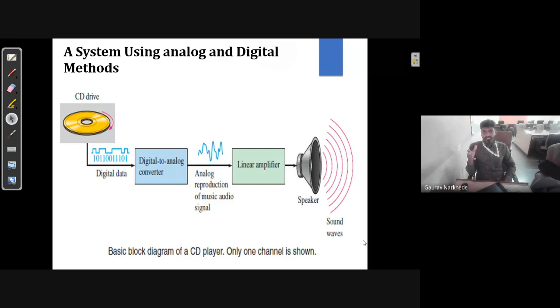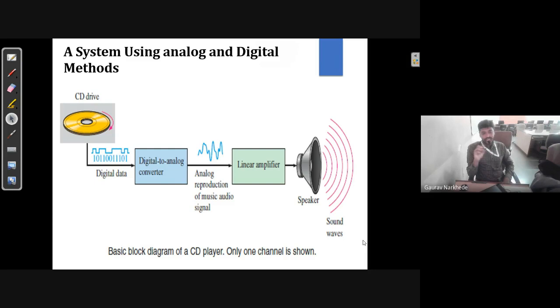Now, where do digital things get involved? Now we are not having a tape recorder, we are having a CD, and on the CD the data is stored only in digital form, that too in only two levels. Which levels? The data will be either zero or one, right? So whatever data is there, we are storing in the form of zeros and ones.